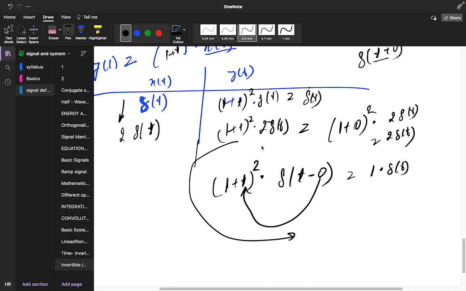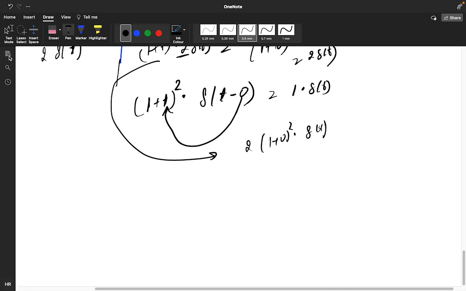And here, in place of t, you need to put 0, but 2 is there, so 2 times (1 plus 0) the whole square into delta t. So both are different. So this is invertible. In the same way you can check it.